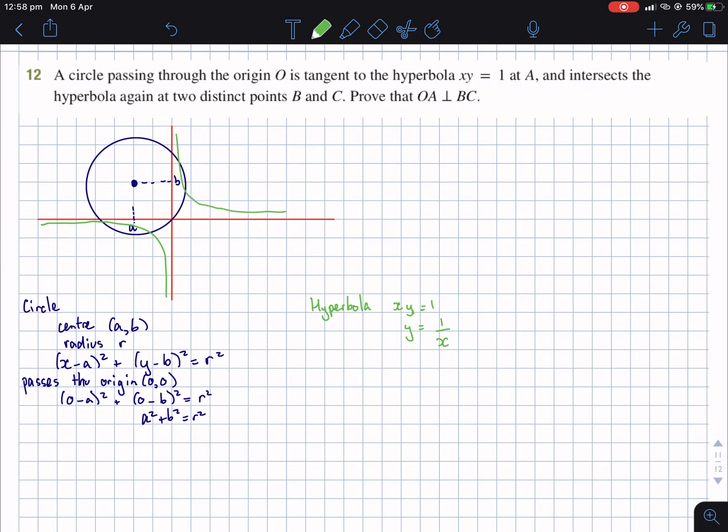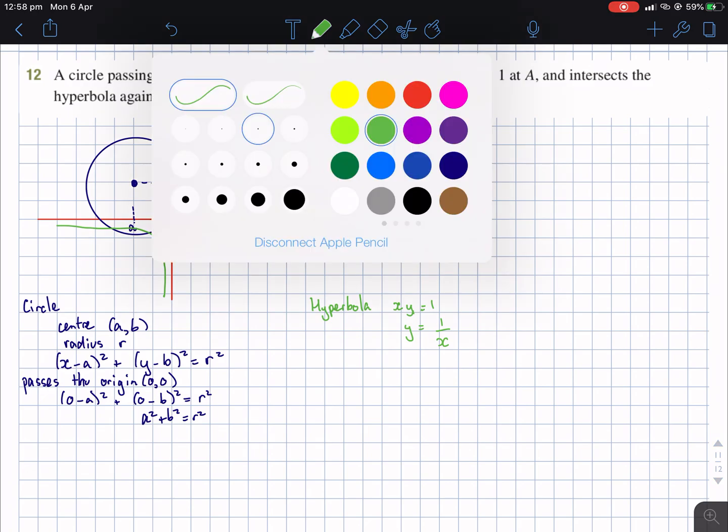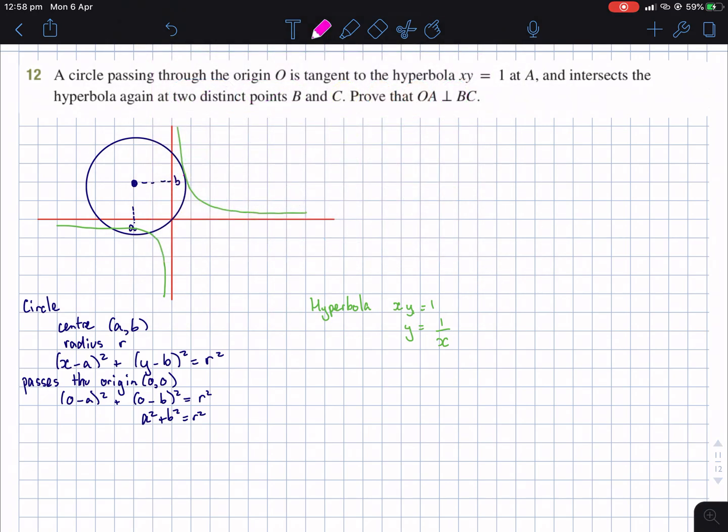It says it's tangent at point A, so I'm going to draw one of these a bit better, and I'm going to pretend that that's tangent there. So I'm going to say that this is point A, and these are points B and C.